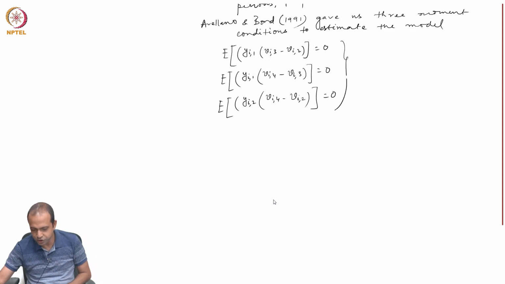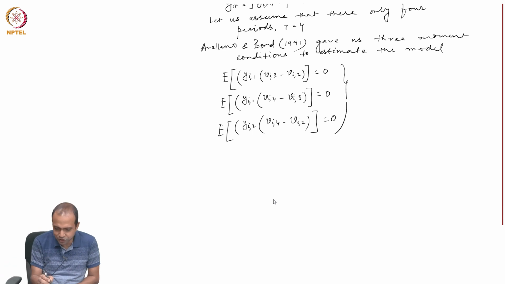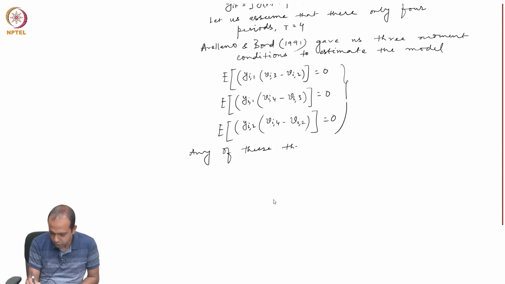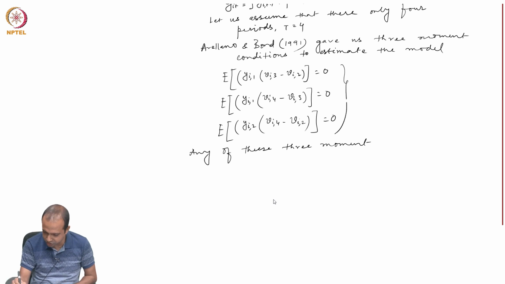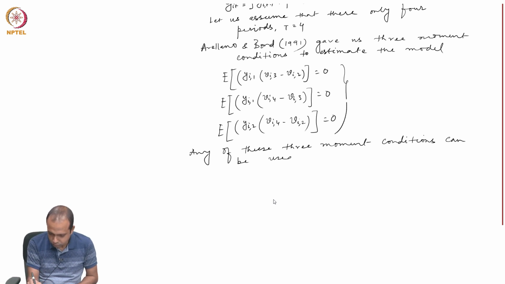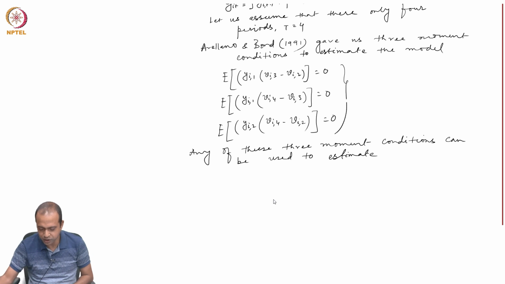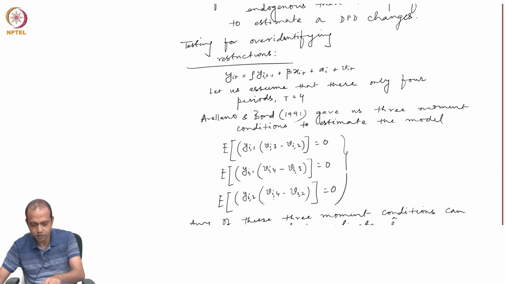So, these are the 3 moment conditions that we got from Arellano-Bond, and any of these 3 moment conditions can be used to estimate rho. Okay, to estimate rho, that means this.